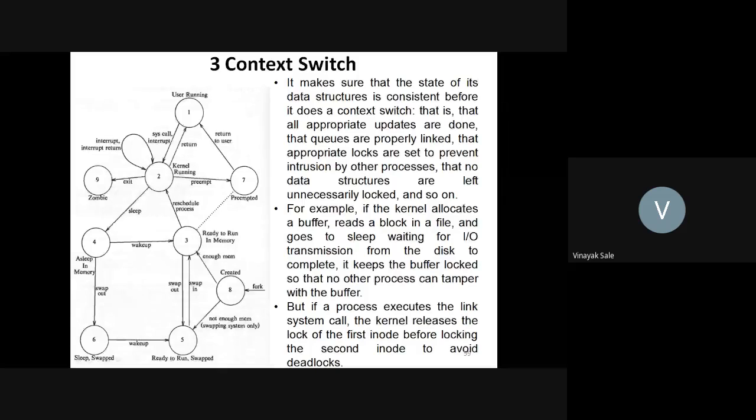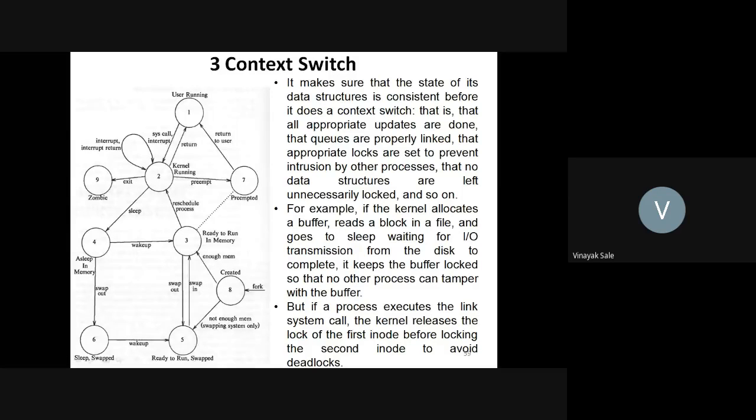That is, that all appropriate updates are done, that queues are properly linked, that appropriate locks are set to prevent intrusion by other processes, that no data structures are left unnecessarily locked, and so on.